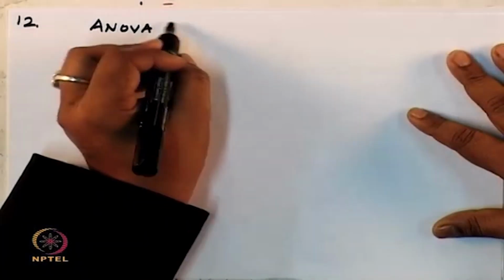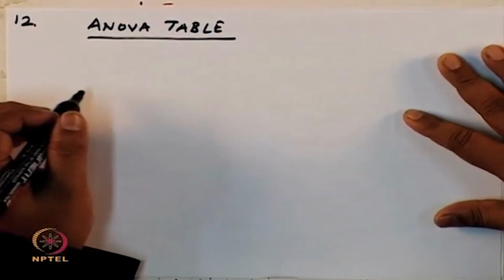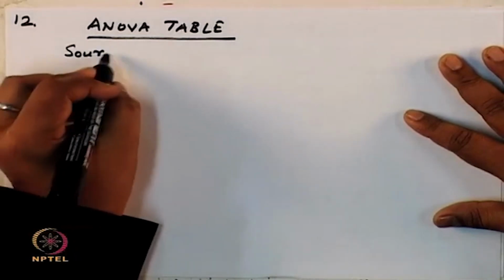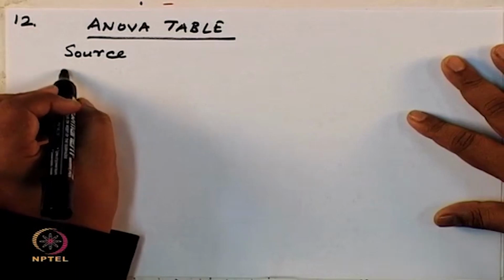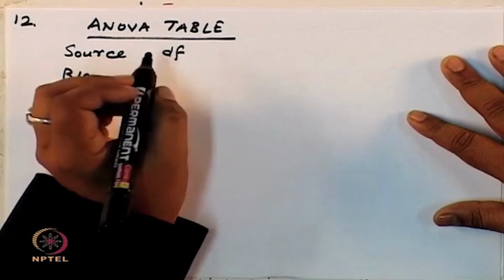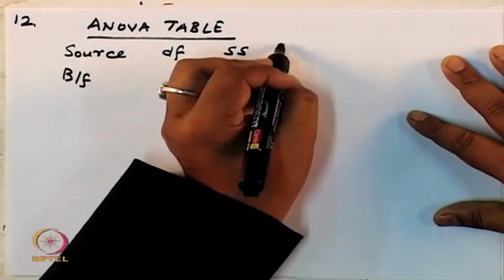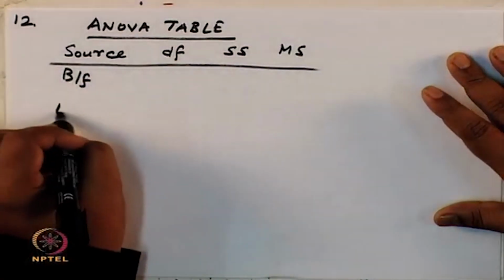Okay. So, based on these values, we can calculate the ANOVA table. Your source is your meal or breakfast, BF. You have DF, SS, MS, and you have error.